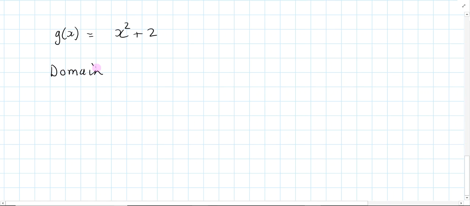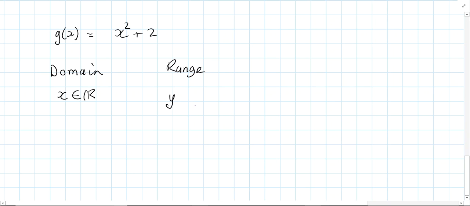So just quickly, because there's 2 minutes to go, what is the domain? The domain is any x equal to a real number. Any real number, because there's no value of x you can't put in. What's the range?